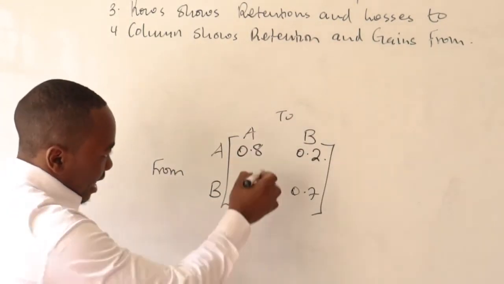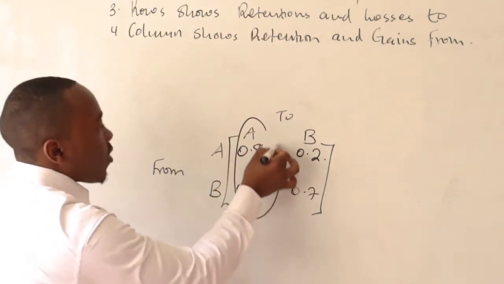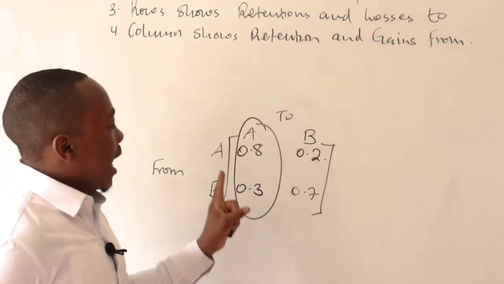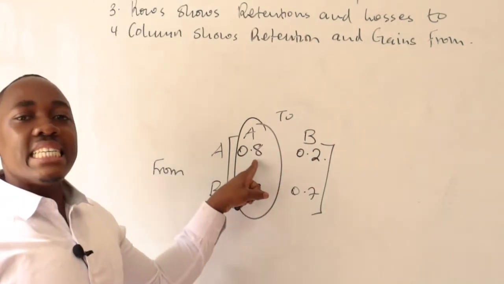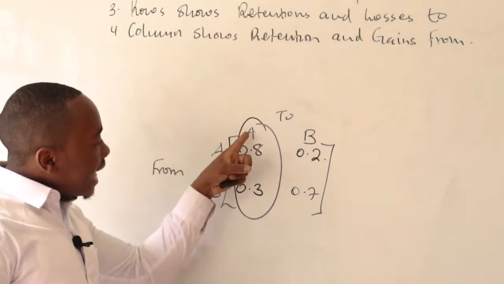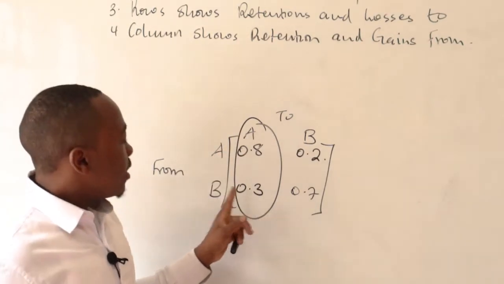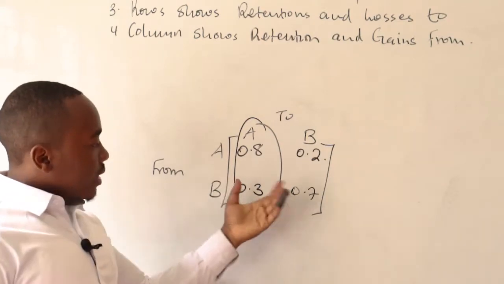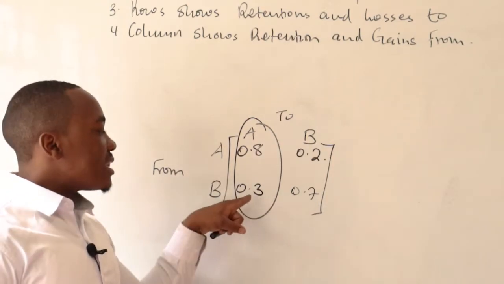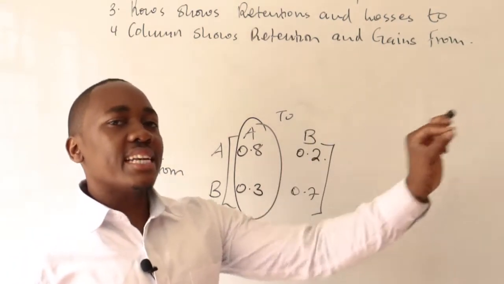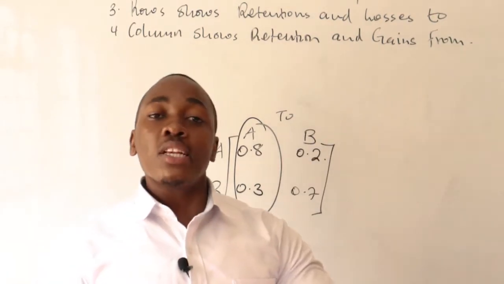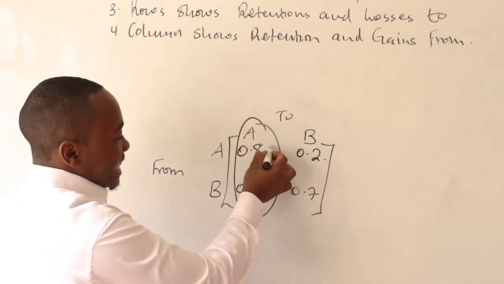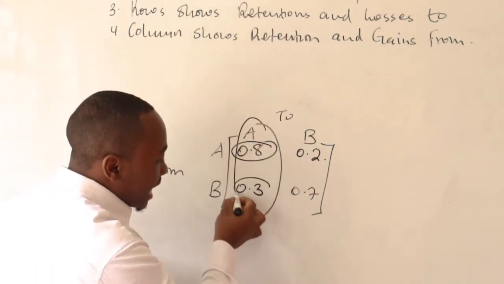So now let's come to the column. We have said that the column shows retention and gains from. Now A to A, it retained 80, but A gained 30 from B. You see from the row-wise, if B retained 70, that means it lost 30. If B lost 30, that means the 30 went to A. So the column will show retentions and gains from.